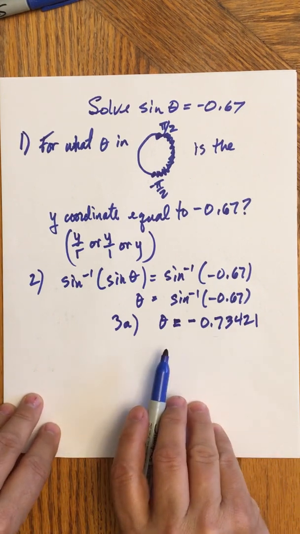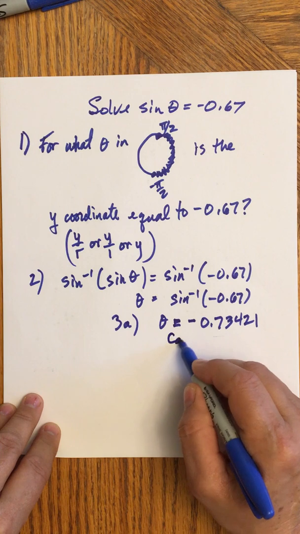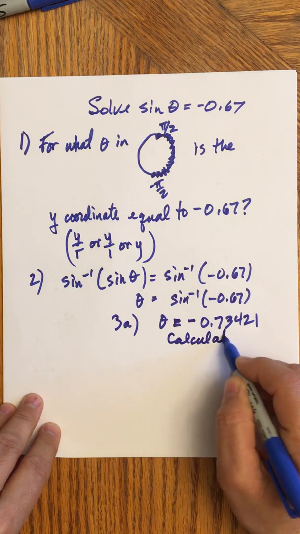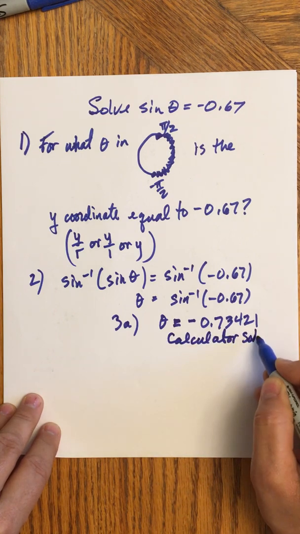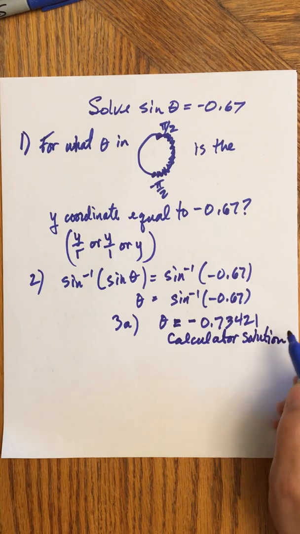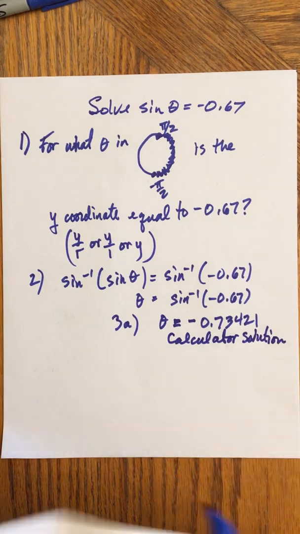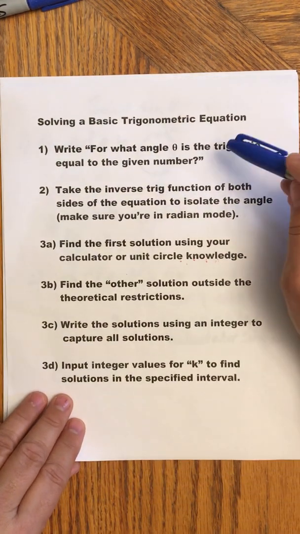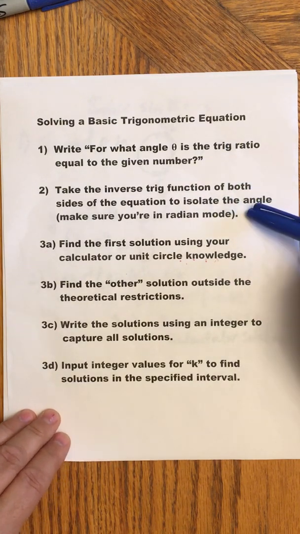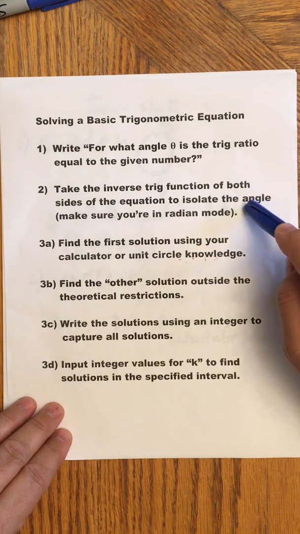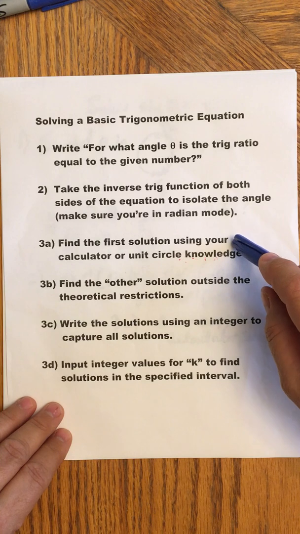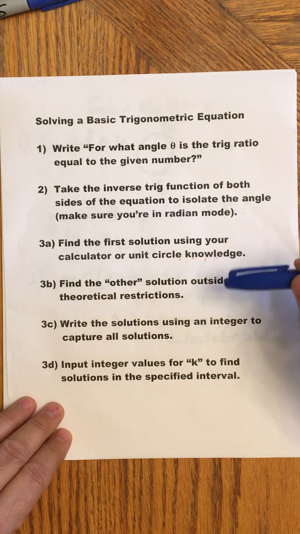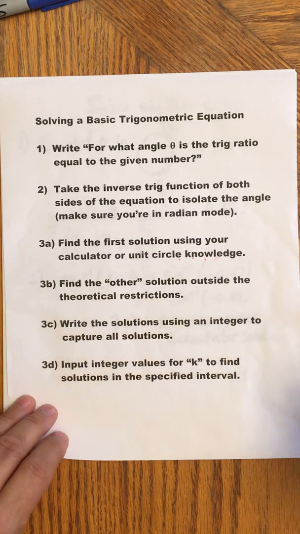So here is our calculator solution. Right. So I figured out what it is I'm looking for. I've taken the inverse trig function of both sides. Used my calculator to find my first solution, and then I need to find the other solution.